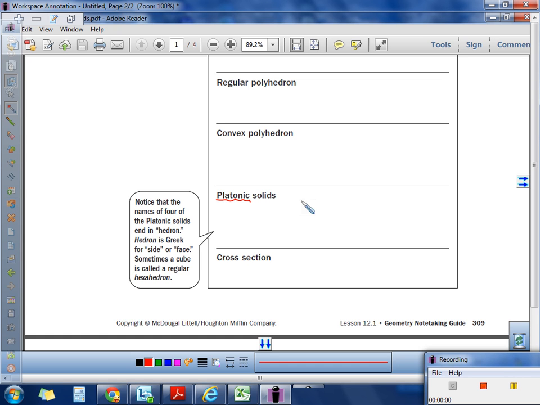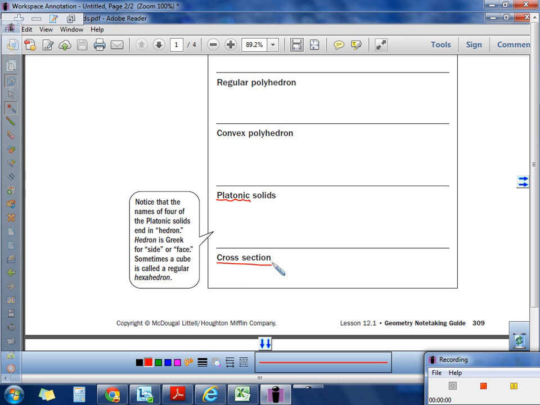Okay, regular tetrahedron. What else? Cube. Yeah, so I'm not going to make you memorize these, so don't worry about these. But some of these shapes have special names. The key one you better be able to recognize is a cube. That tetrahedron is what I mentioned earlier as that triangular pyramid.